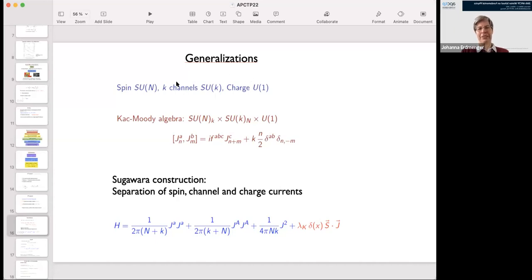Okay. And for this symmetry, we can now write a so-called Kac-Moody algebra. I will explain this also in more detail in the next hour. So this means we have an SU(N) symmetry of level K, and an SU(K) symmetry of level N, and then this U(1) charge.